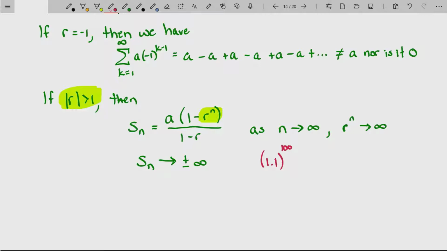But that number is approximately already 13,780. And that, by the way, is just one term you're adding. You're adding a bunch of these terms. The next term in line will add 1.1 to the 101st power times a. And so these numbers just blow up. So that's why this gets massive.